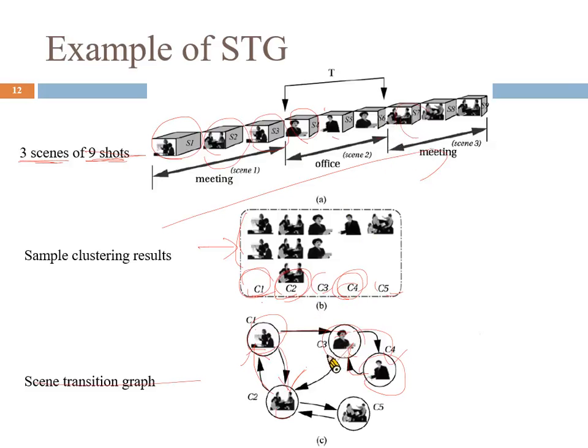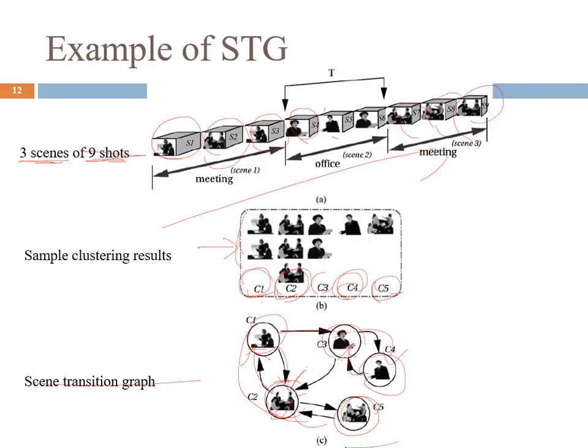S7 belongs to the second cluster, so C3 has a direct edge pointing to C2, and then S8 belongs to C5. Okay, so C5 is here. We have an edge from C2 to C5, and then from C5 to C2 again.